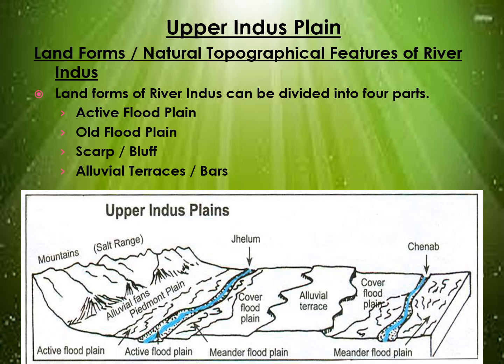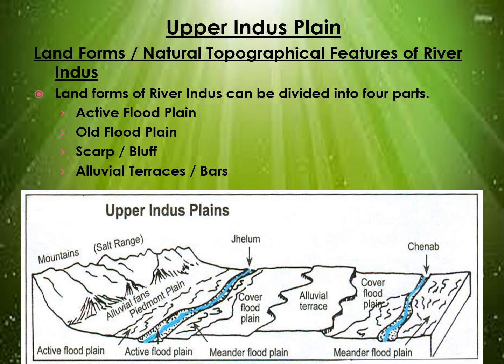There are meanders, oxbow lakes, braided channels and levees in the active floodplains, and these are the plains which are immediately flooded by the water when there is a high amount of water in the river. So it is the immediate banks of the river, about 15 kilometers wide.